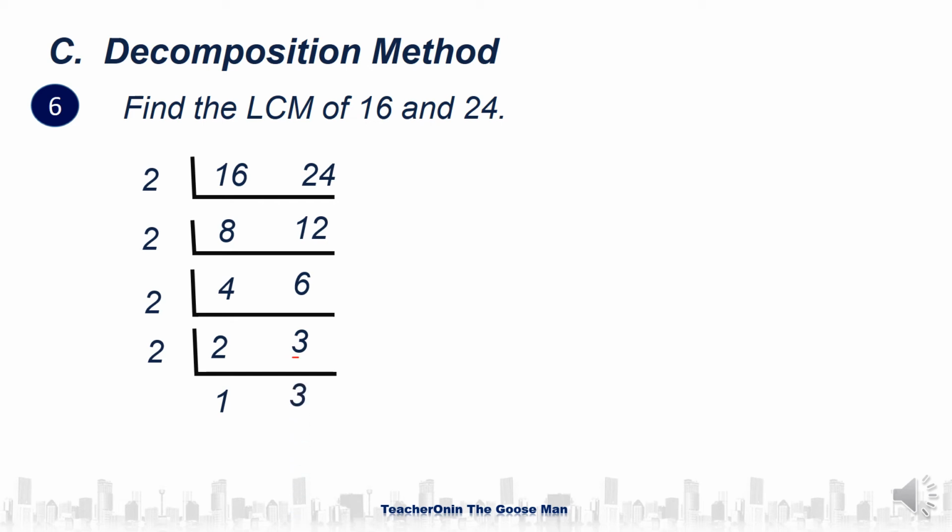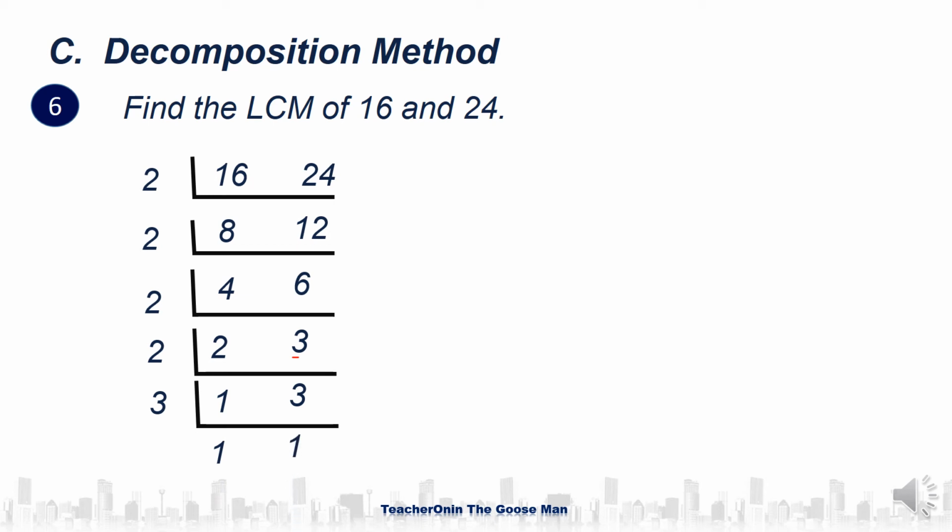So we have 3. Next, divide the quotients 1 and 3 by the prime number 3. Since I cannot divide 1 by 3 evenly, I simply copy 1, and 3 divided by 3 will give me 1.